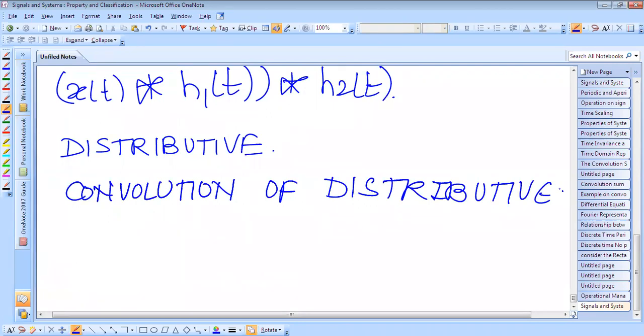So x of t convolved with the impulse response h1 of t plus the impulse response h2 of t.